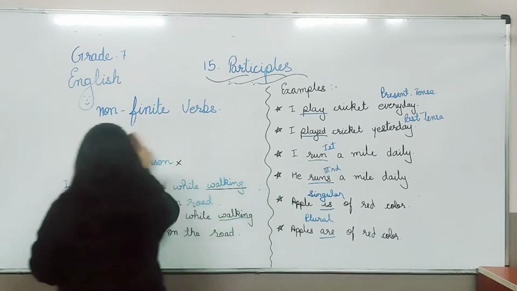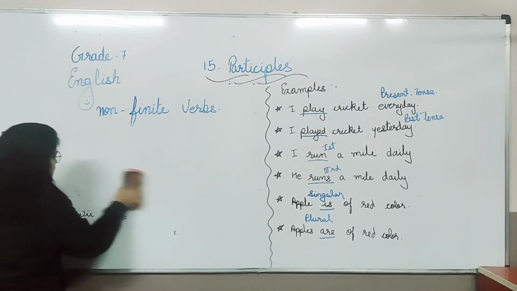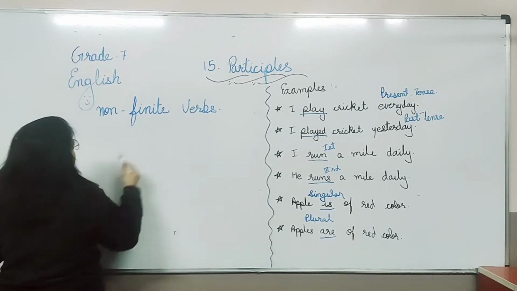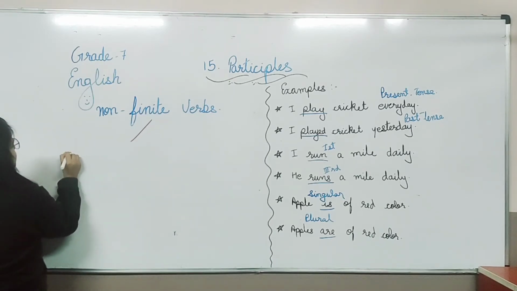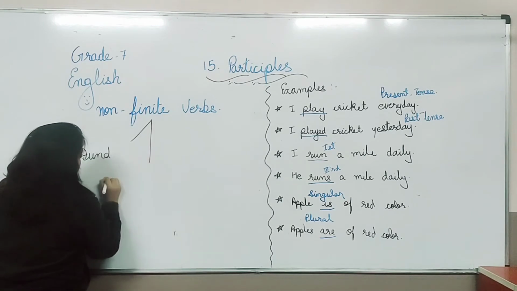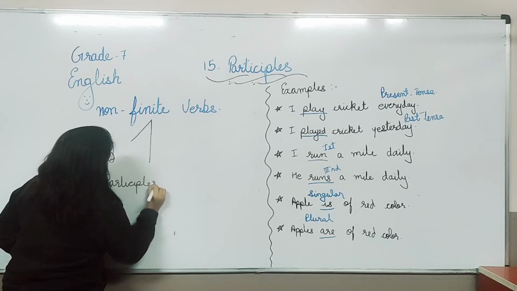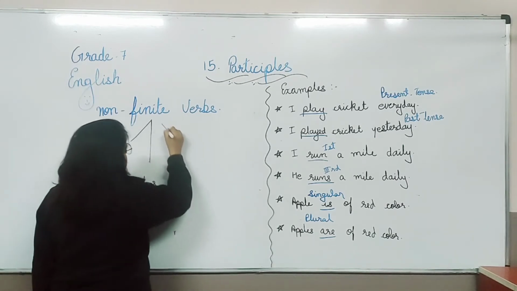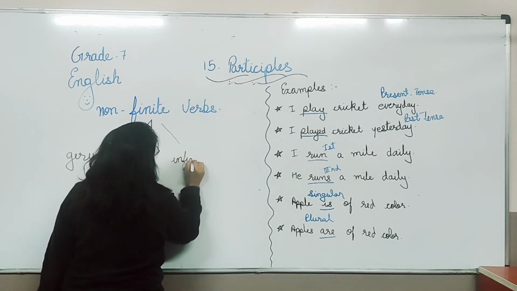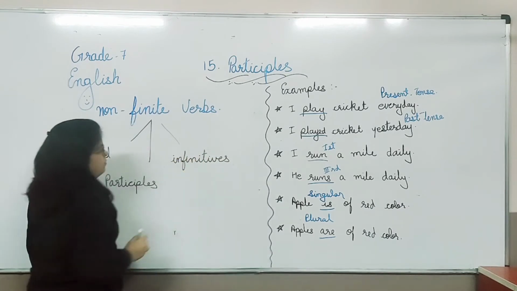Finite, non-finite verbs are further classified into three types. That is, non-finite verbs are classified into gerund, participles, and the last one is infinitives.